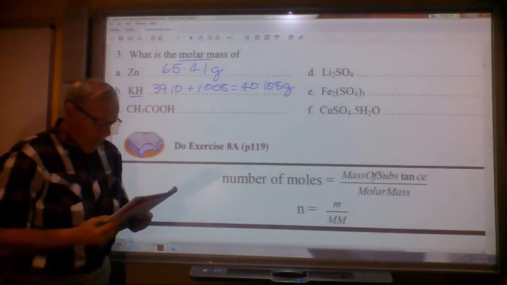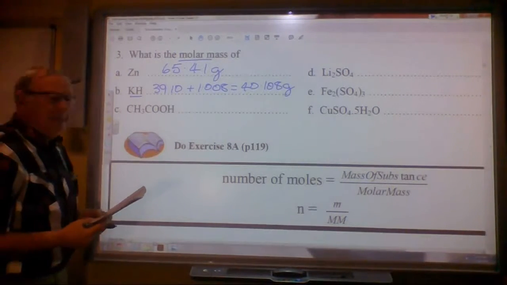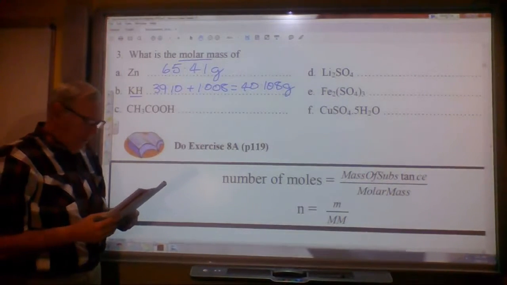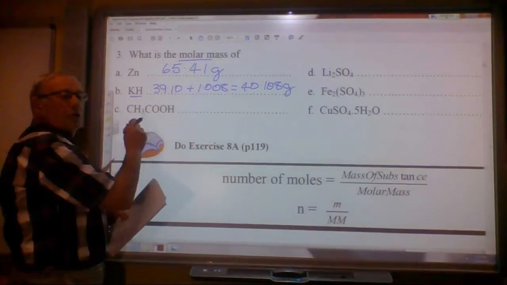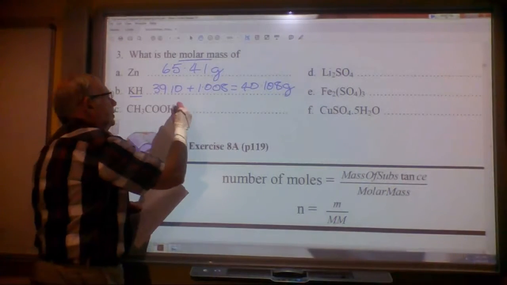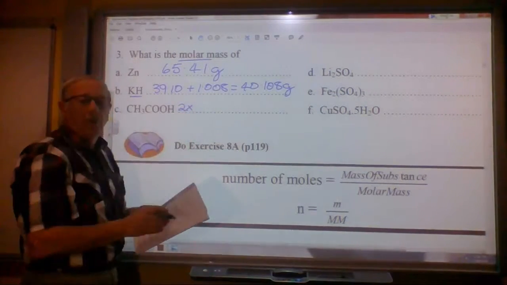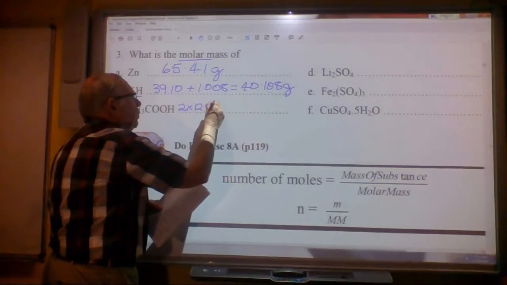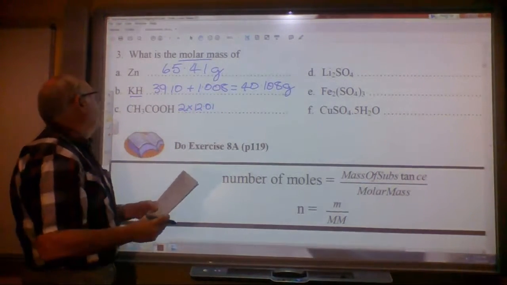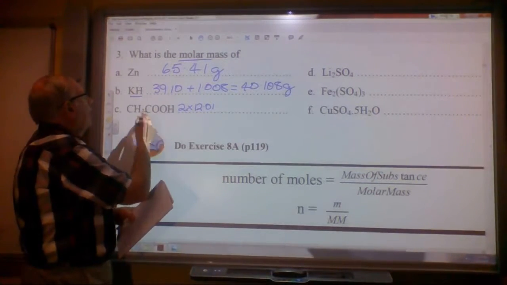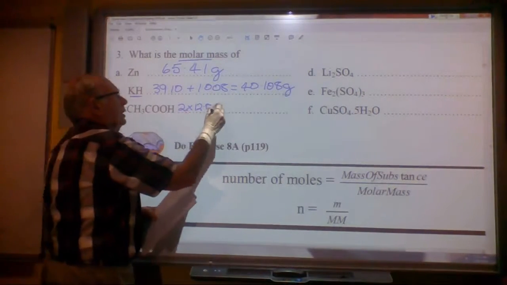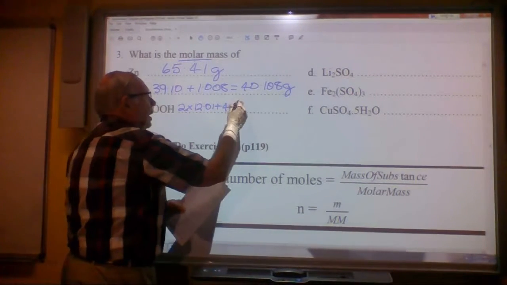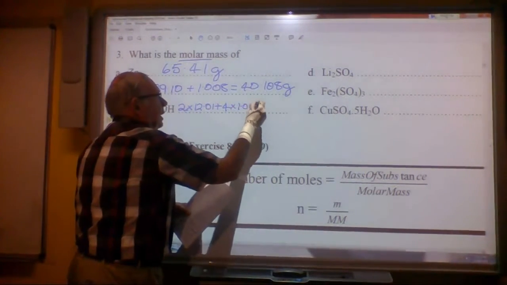With the next one, which is acetic acid, also known as ethanoic acid. What we've got here is 2 carbons, so that's 2 times, and if we look at the periodic table, that's 12.01. And then 4 hydrogens, okay, so that's plus 4 times 1.008.